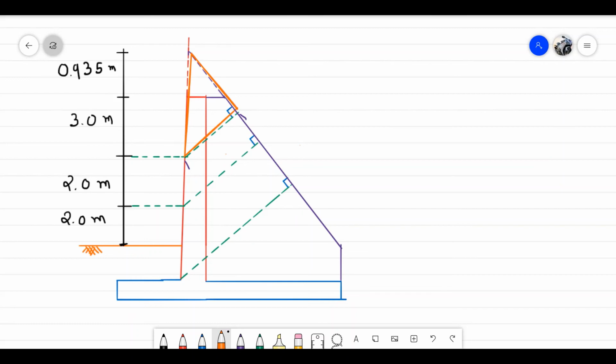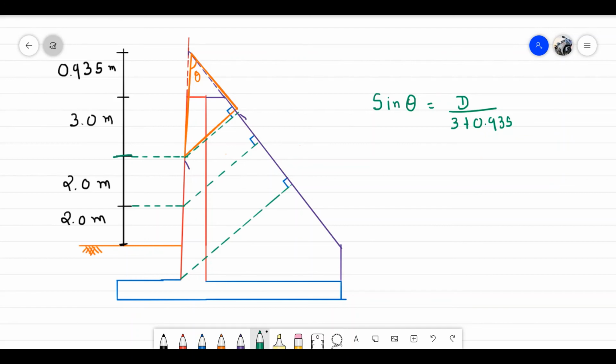And we know the angle theta. So now we can calculate easily by sine theta. Sine theta is equal to capital D divided by 3 plus 0.935. What we done? We found the depth at the 3 meter.